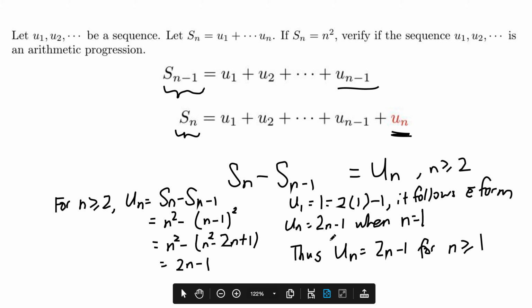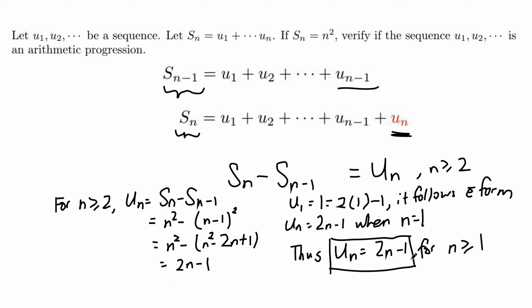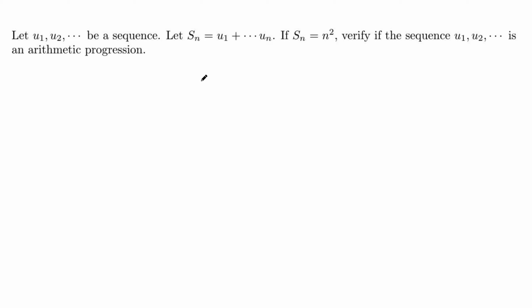So now that we have this identity, un equals 2n minus 1, we proceed to show that for an arithmetic progression, the common difference has to be constant, right? And the common difference here is equal to the difference between any two adjacent numbers, so numbers next to each other. So maybe un minus u(n-1).